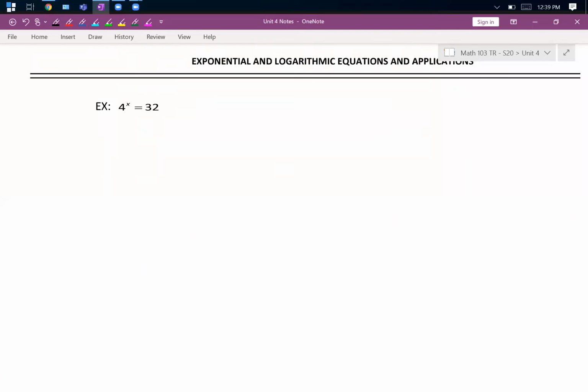Nope. But before I give up on the one-to-one property, I'm going to see if I can rewrite that 4 as some other number raised to a power and then see if 32 can be rewritten as that other number. So 4, can that be rewritten as some other number raised to a power?